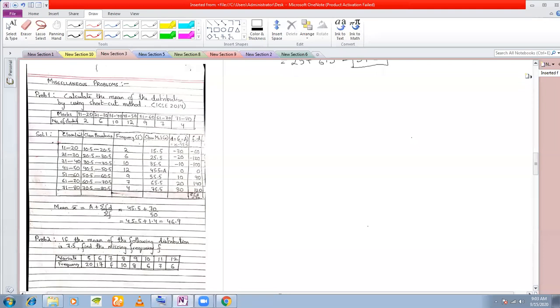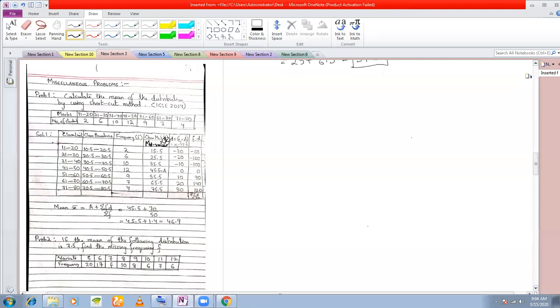And the fourth column, because it is a frequency distribution, will be for your class mark or mid values. We refer to this as X. This column is for mid values X or class mark X. And what is your class mark?